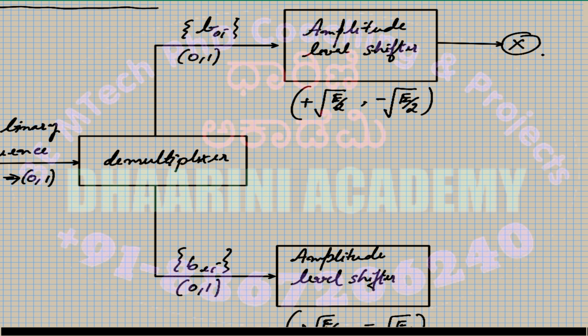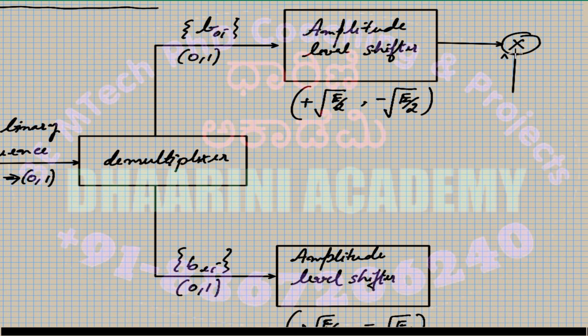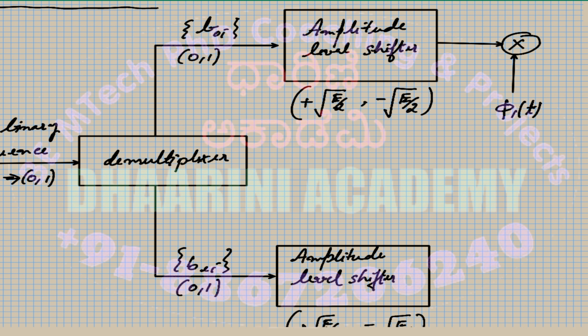So there is a multiplier, and the input to the multiplier will be the first function denoted by phi1 of t, which is one of the signal representation, the orthonormal basis function.